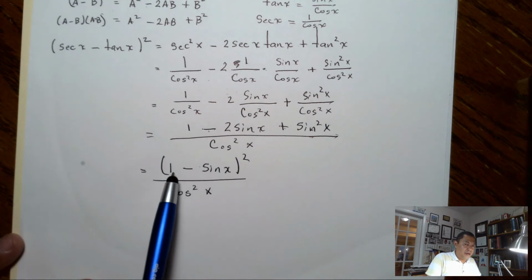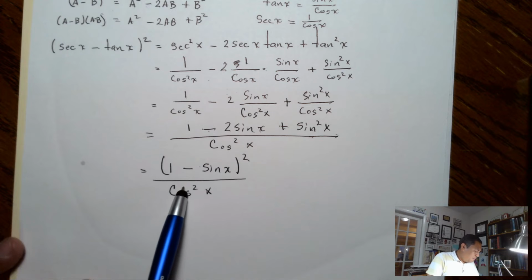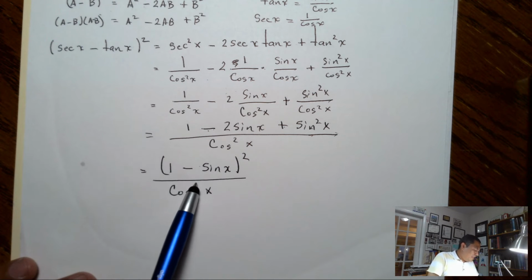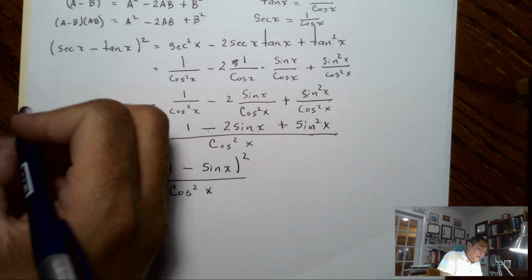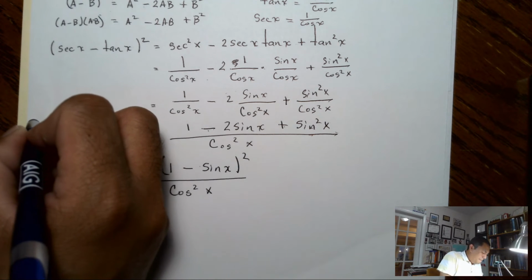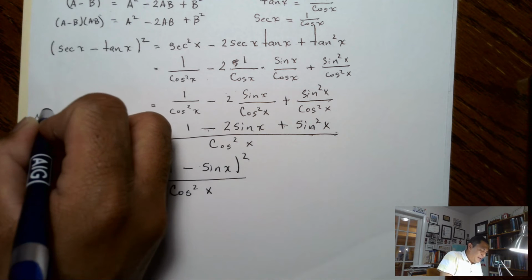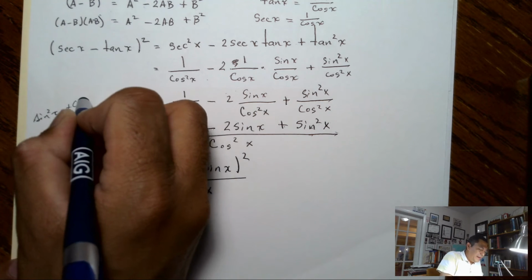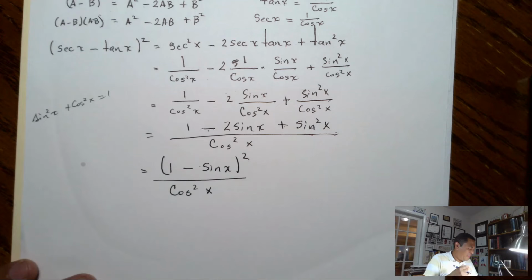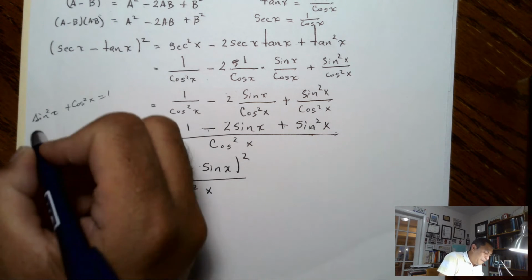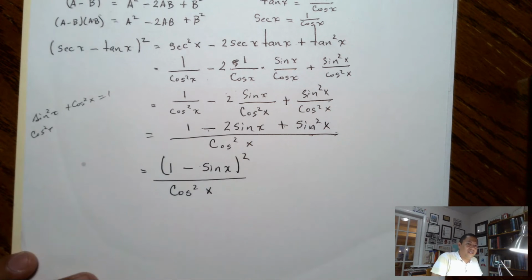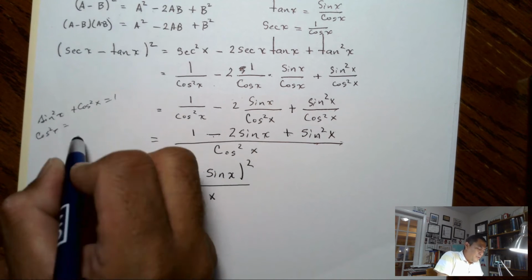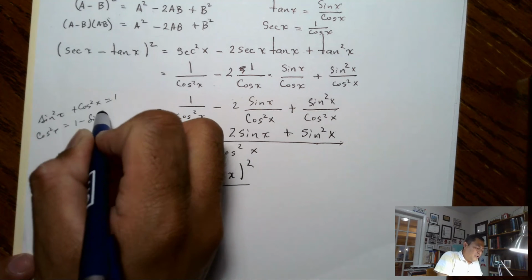Now remember that sine squared of x plus cosine squared of x is equal to 1. That's the Pythagorean identity. So cosine squared of x is equal to 1 minus sine squared of x.